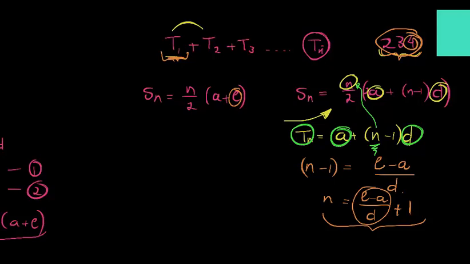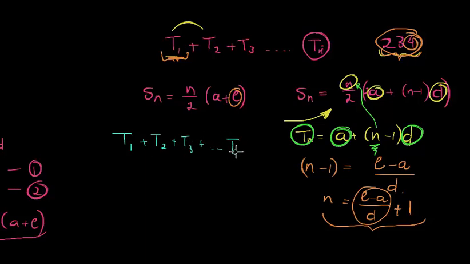Okay, another way that they might ask you is that they give you the sum, something like this. They say T1 plus T2 plus T3 up to, and this time they don't give you Tn.